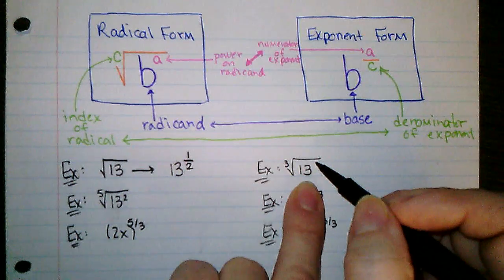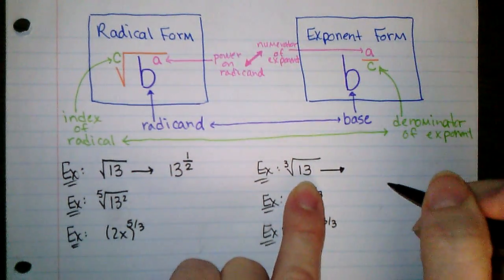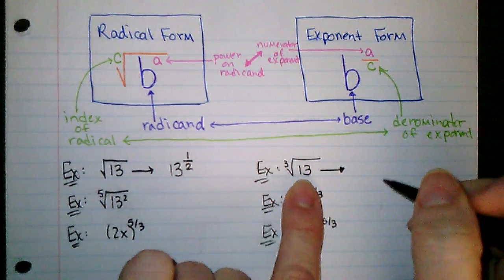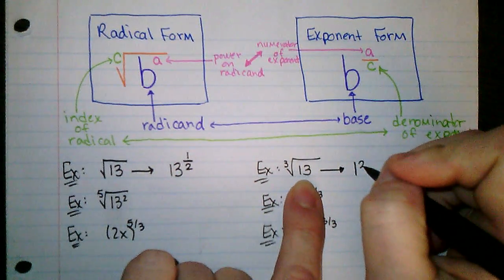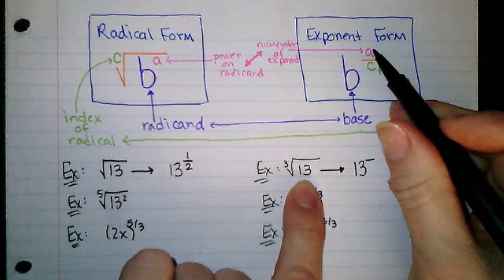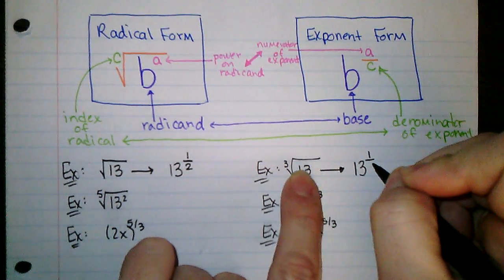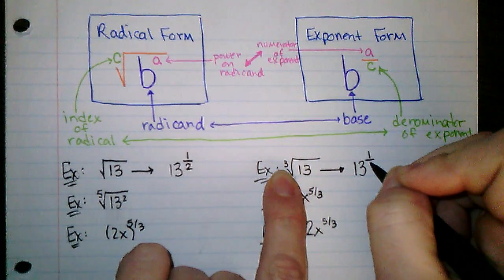Moving over to this one on the right, now I have a cube root of 13. So it's a parallel problem, just has a different index. So the base is going to be a 13. And then in my exponent, remember the numerator comes from the power, which will be also a 1. The denominator comes from the index, which in this case is a 3.